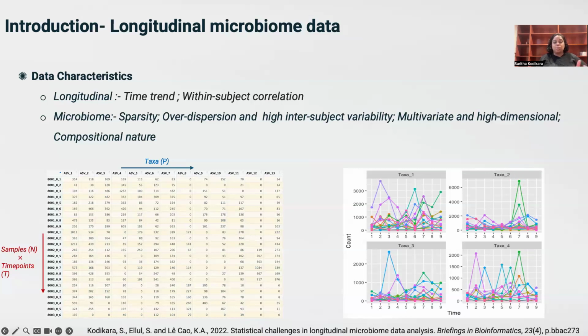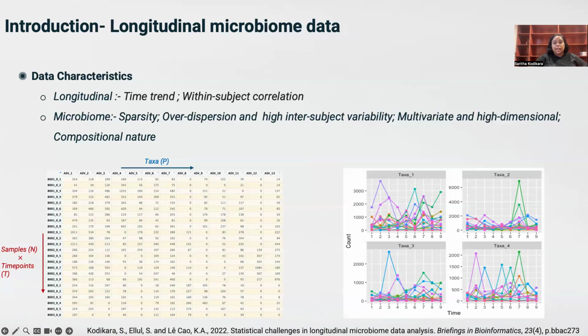So there's no consistent pattern observed across the majority of the taxa. They are going to behave in different ways, but it does not mean that they are independent of each other. There is some interdependency happening behind the scenes that we are not able to see.